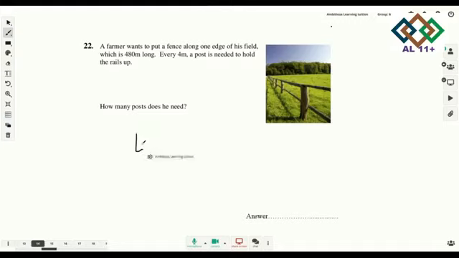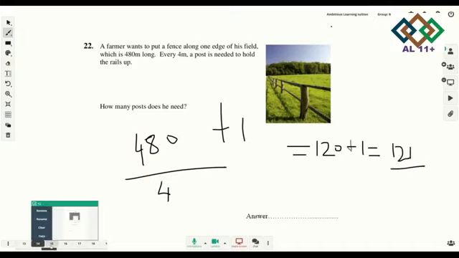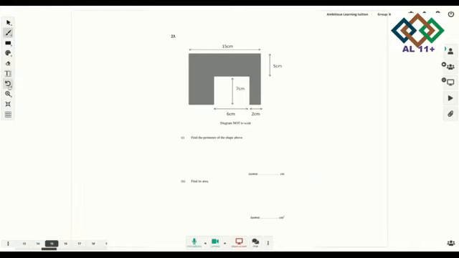You have been given 480 and then just divided by 4 plus 1. That gives you 120 plus 1, and that is your answer, 121. So let's move on to 23 now.